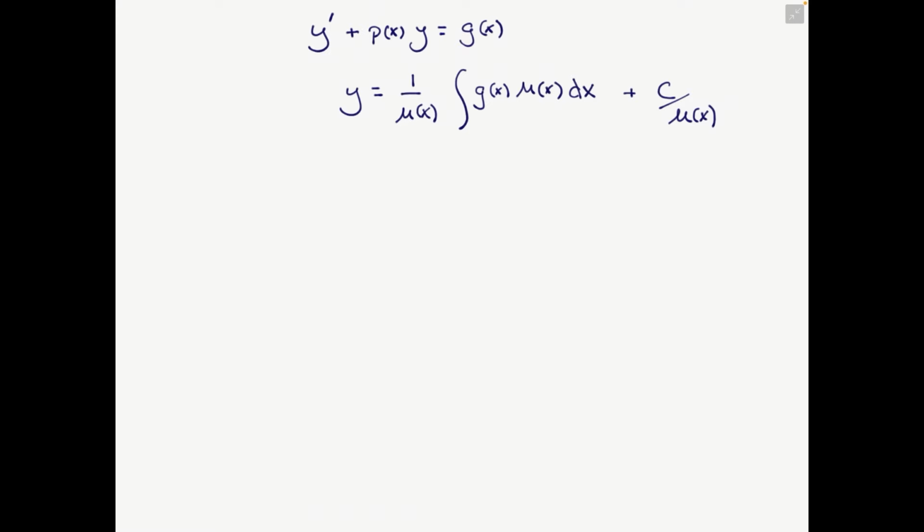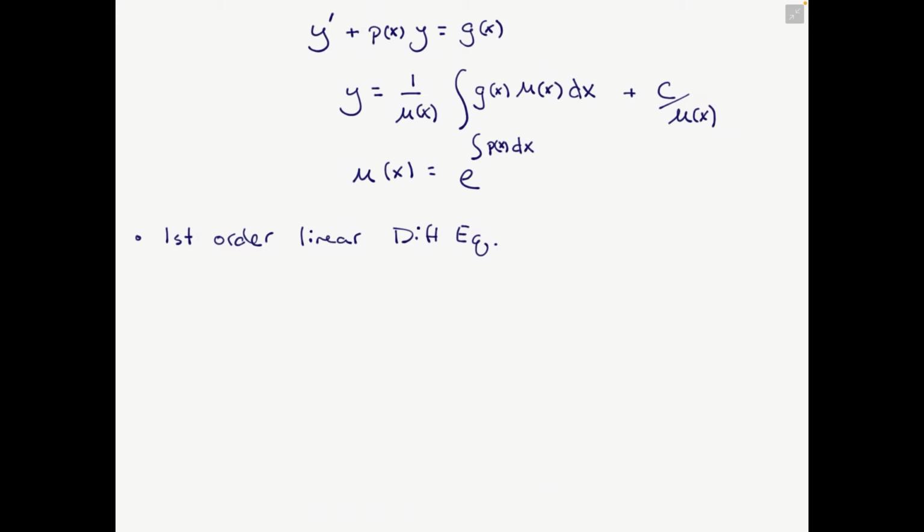And mu of x is given by e to the integral of p of x dx. So that's a general theorem for solving first order linear differential equations.